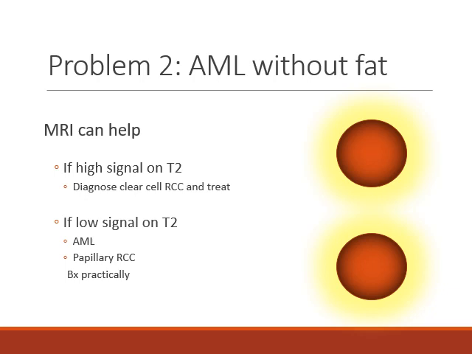If the lesion is low signal on MR, it could be an AML, but it could also equally be a papillary RCC, which remember was low signal on T2. In that case, you need to biopsy.